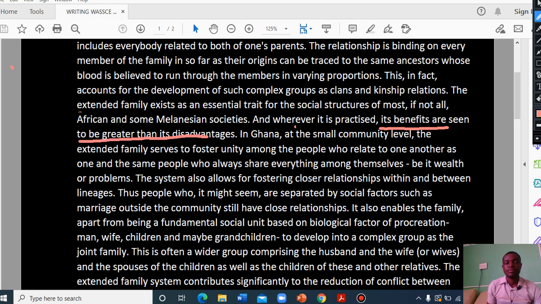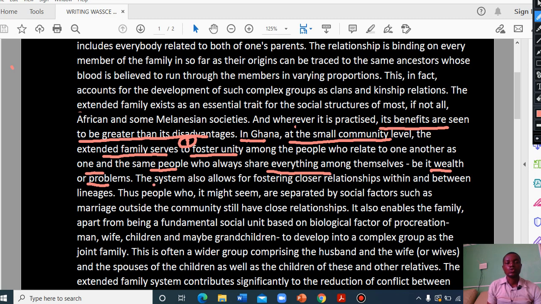So we are starting in Ghana at a small community level. The extended family system serves to foster unity. So we can get one here: foster unity among the people who relate to one another as one and the same people who always share everything among themselves, be it wealth or problems.